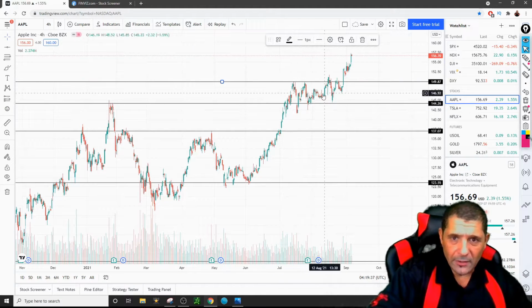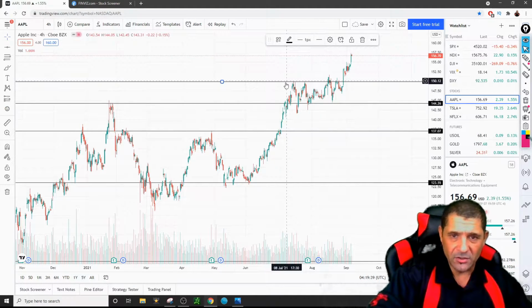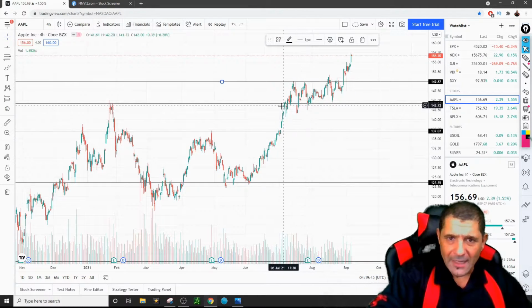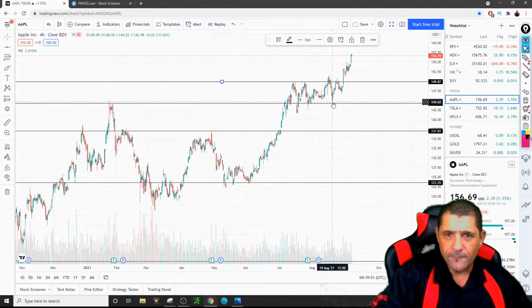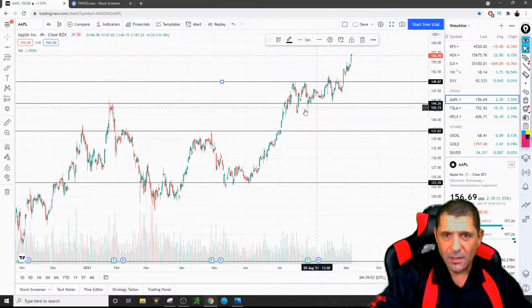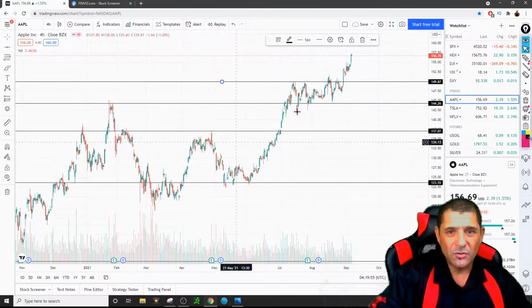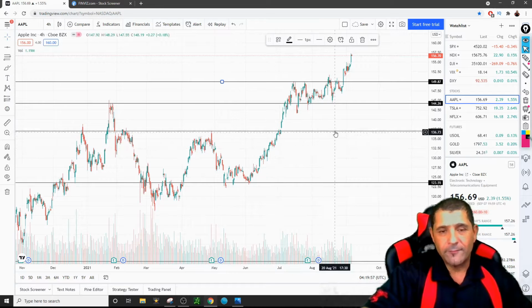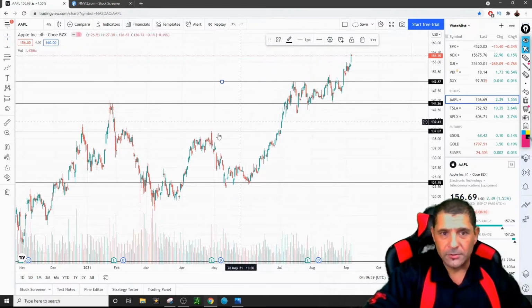This one is the resistance on the top. We have the support on the bottom right here, and the support on the bottom was touching 1, 2, 3, 4, about 4 times. So this one is really a confirmed support.